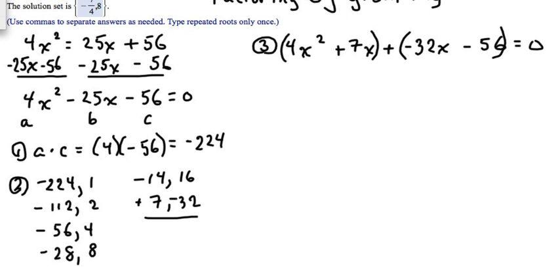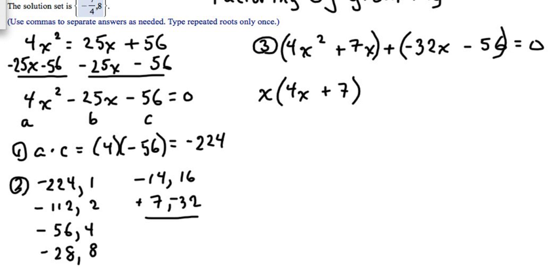And the next thing we're going to do is place parentheses around these two terms and parentheses around these two terms. So what we need to do now is find the greatest common factor of the two terms inside the parentheses. So the greatest common factor of 4x squared and 7x is simply x. 4x squared divided by x is 4x, plus 7x divided by x is just 7. All right, now here, negative 32x and negative 56, we also need to, once again, find the greatest common factor of negative 32x and negative 56.